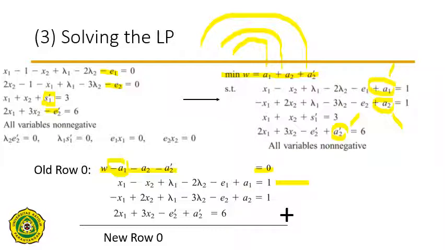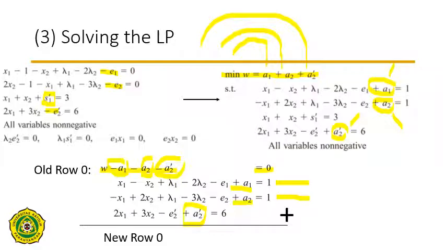Why are we doing this? Because the first constraint row has plus A1, so when we add them together, A1 is removed. Similarly, the second constraint has plus A2, so we can use it to get rid of the minus A2 in row 0. And from the third constraint, you have plus A2 prime, so we can also add it to get rid of minus A2 prime in row 0.